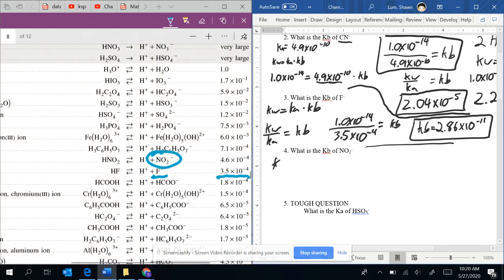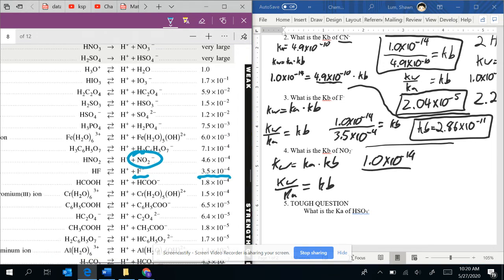We know that Kw equals Ka times Kb. So Kw over Ka equals Kb, or in other words, 1.0 times 10 to the negative 14th over Ka of its conjugate acid, which is 4.6 times 10 to the negative 4, equals Kb.